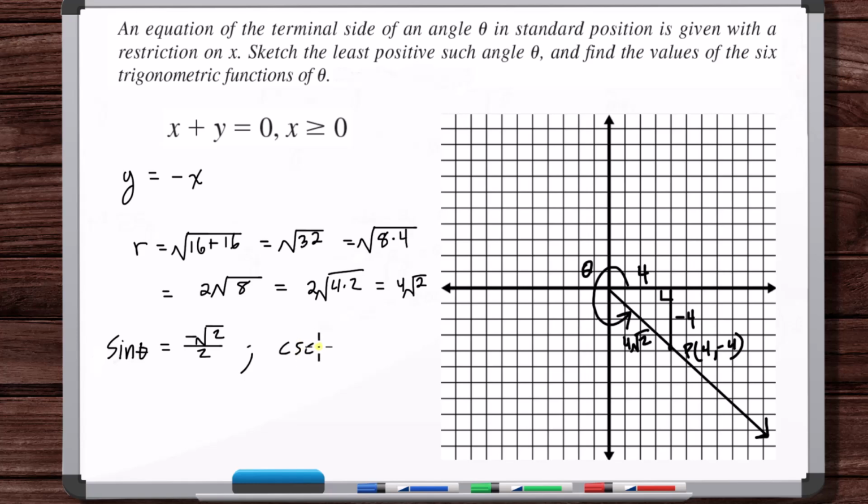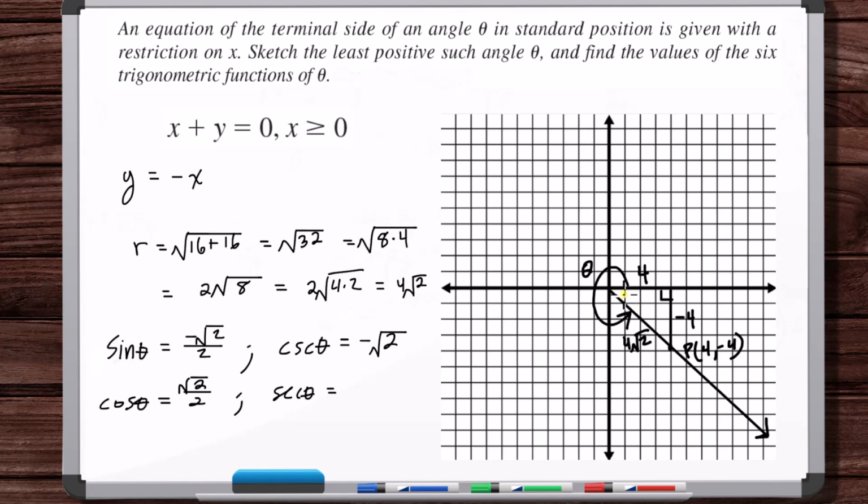Okay, cosecant theta is not opposite over hypotenuse, but hypotenuse over opposite. That's going to be minus root 2. Cosine theta, adjacent over hypotenuse, so that's 1 over root 2. So it's going to be positive root 2 over 2.